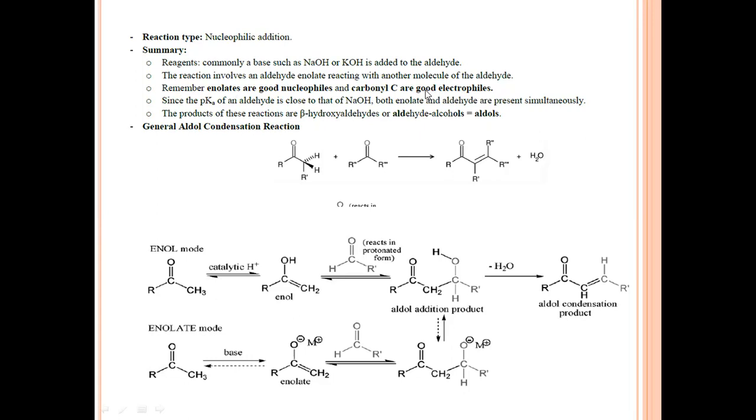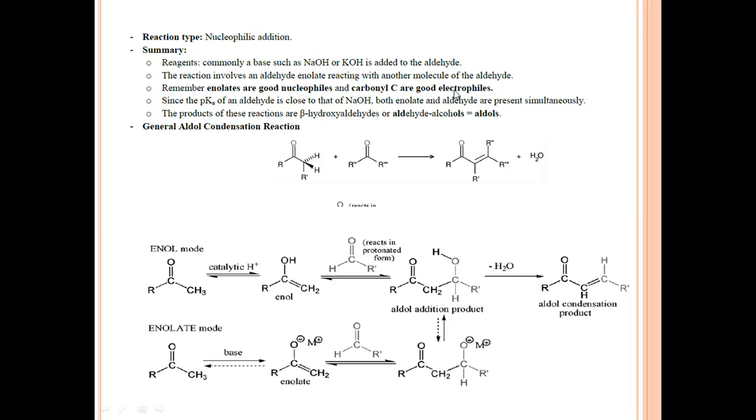Basically we are going to use two molecules of either aldehyde or ketone, but not both molecules act simultaneously. The first molecule of aldehyde first reacts with a base to form the enolate ion, and that enolate ion later reacts with another carbonyl-containing compound, that is another molecule of the aldehyde, which acts as a good electrophile.